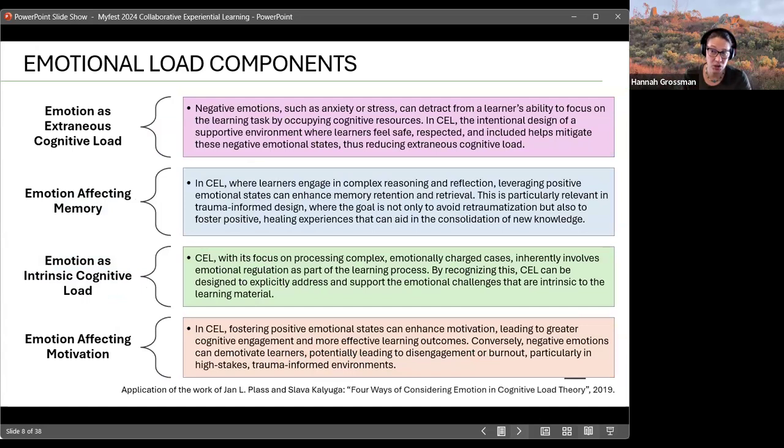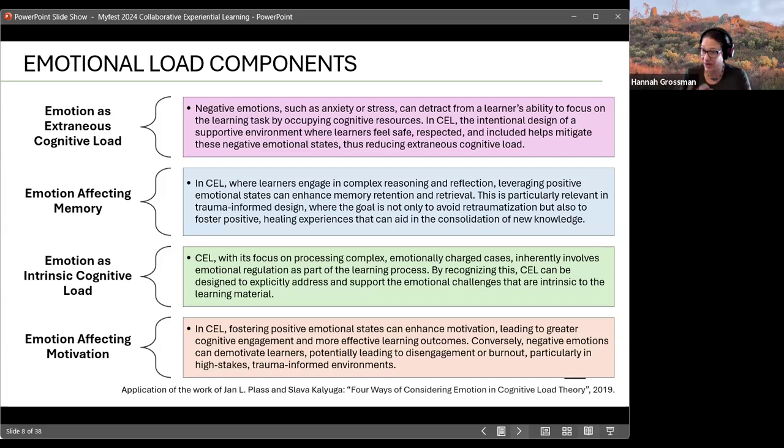Collaborative experiential learning recognizes that when you collaborate with other people, it is not just a cognitive endeavor. It is also a social emotional endeavor. And social emotional loads, with humans being as social creatures as we are, are often the primary cognitive loads we attend to.